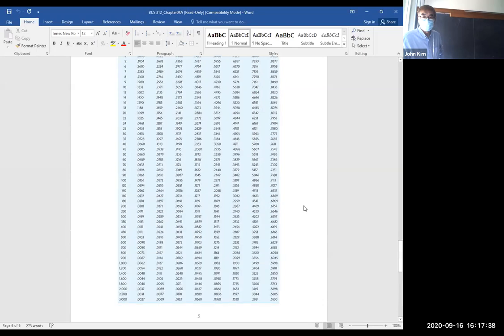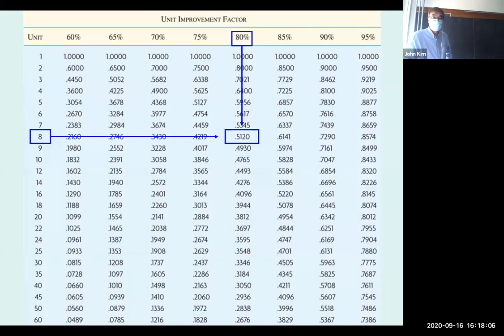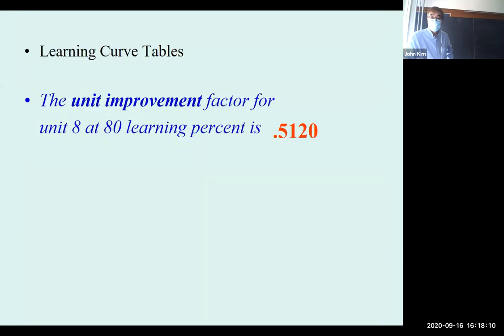The first one, this one, is the unit improvement factor. So using this chart, you can find the unit factor. Like this. The unit improvement factor, I call this one unit factor, UF. So the unit factor is 0.5120.